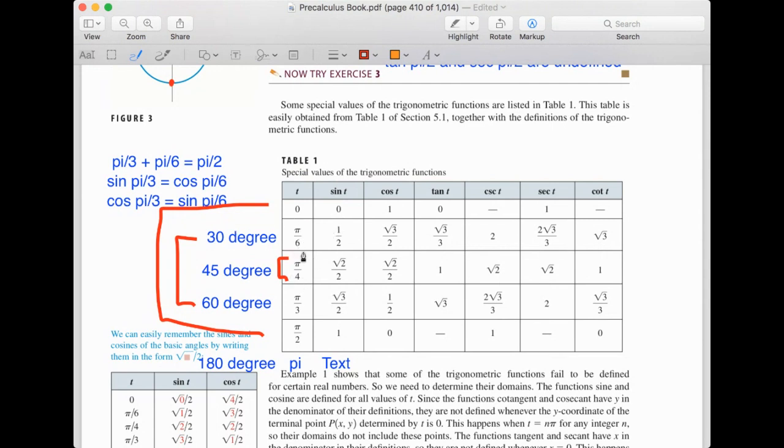And sine pi over 4 or sine 45 degrees equals root 2 over 2. Sine pi over 3 or sine 60 degrees equals root 3 over 2. Sine pi over 2 equals 1. Then what about sine pi? Sine pi is 0, and the cosine pi equals -1.